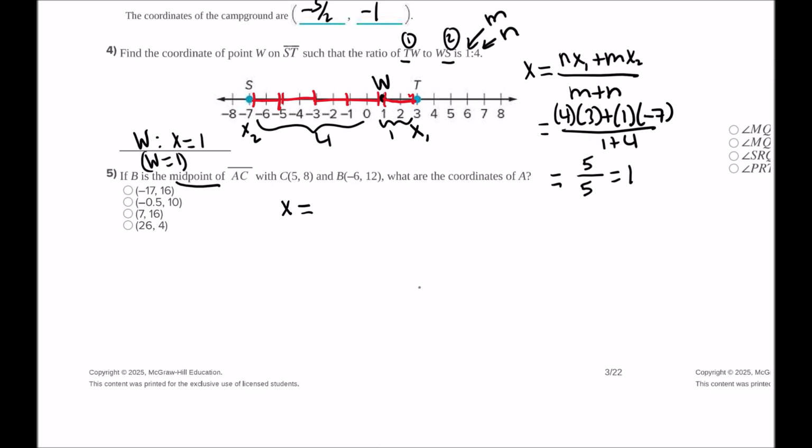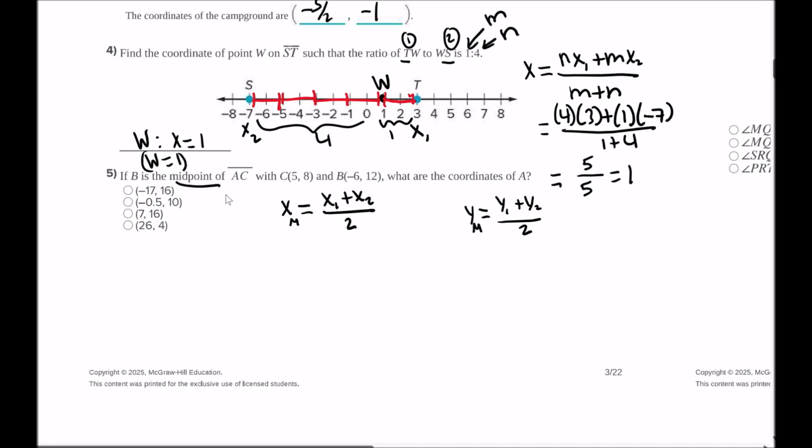We're going to write it as x equals (x1 plus x2) over 2, and y is equal to (y1 plus y2) over 2. And so x and y are the coordinates of my midpoint. So I'm going to call this xm and ym, the x coordinate of the midpoint, the y coordinate of the midpoint.